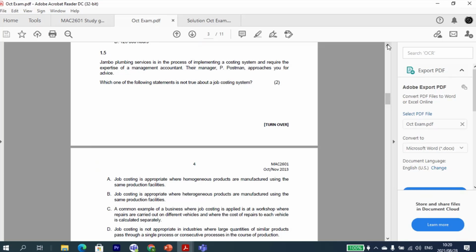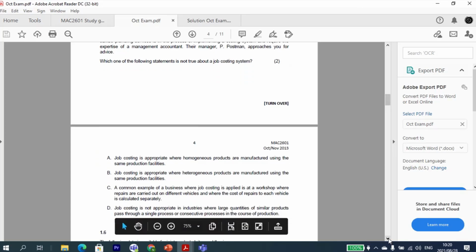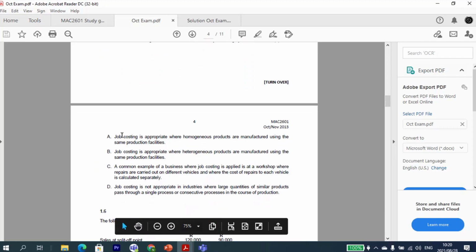Jumbo Plumbing wants your expertise as a management accountant as they are starting to implement a new costing system, and their manager, P. Postman, approaches you for advice. He's asking you which of the following statements is not true about job costing. Which one from the options is false about job costing?